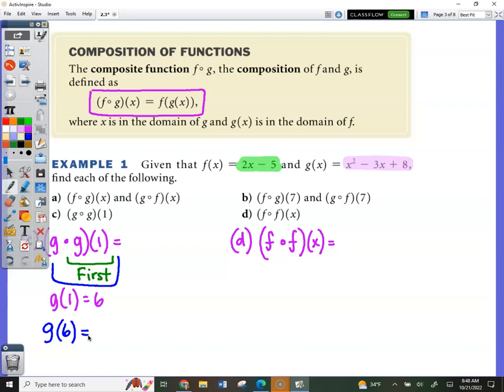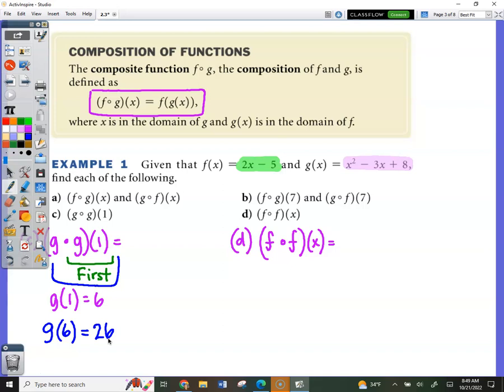Make sure your eyes are watching where I'm pointing. It says find g of 1. Your mind should think, okay, my answer is just a number. And the way you need to start this is the innermost, the input, which is just g of 1.